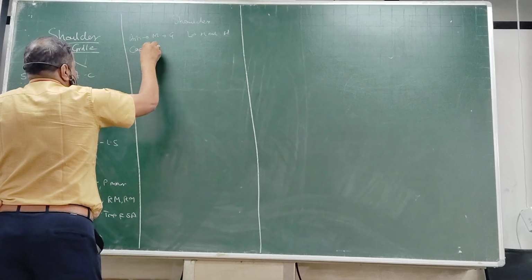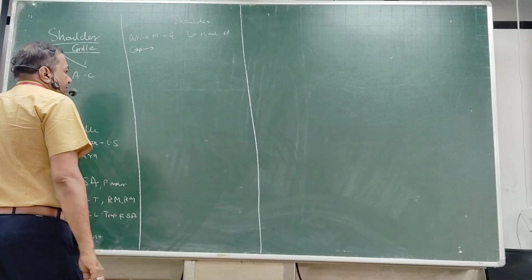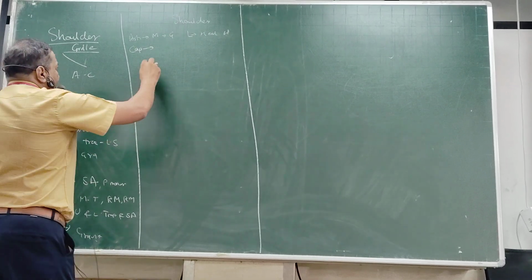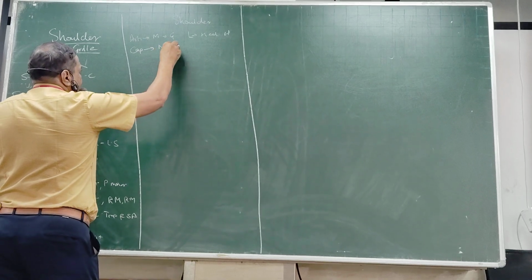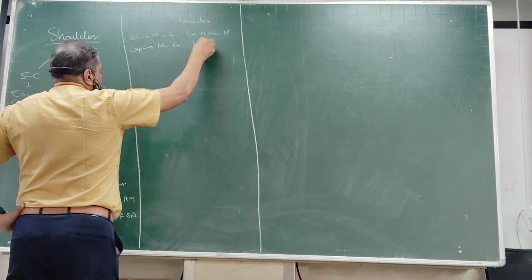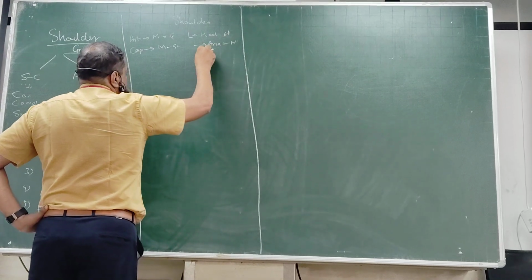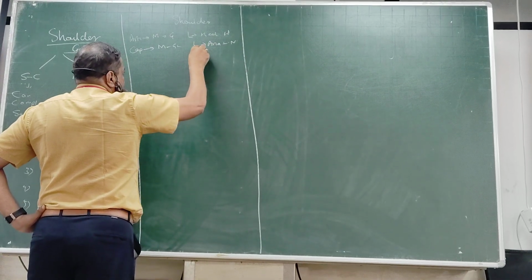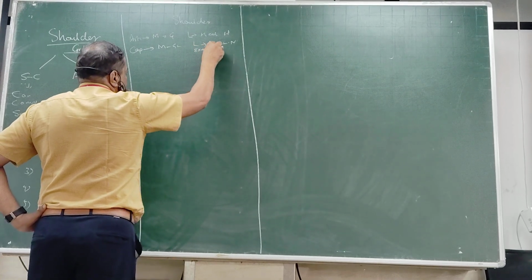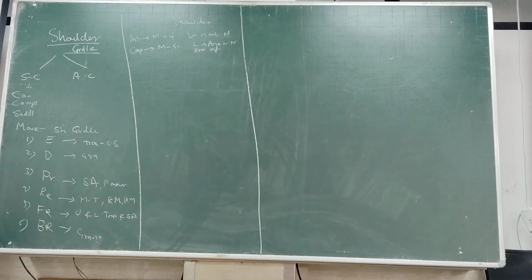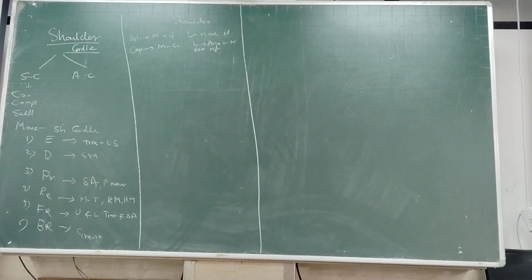Then there is the capsule. The capsule is attached to the glenoidal labrum medially and laterally to the anatomical neck of the humerus. It extends inferiorly below the surgical neck. The capsule is also loose on the inferior side.